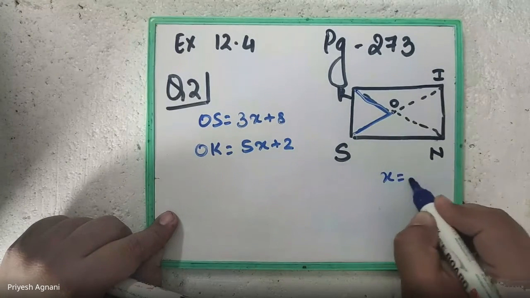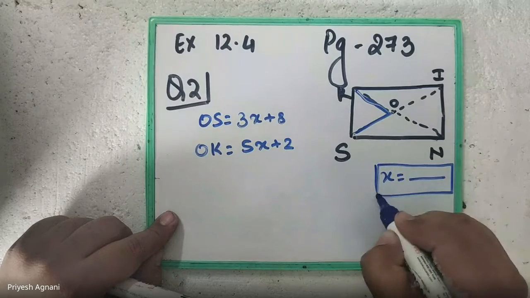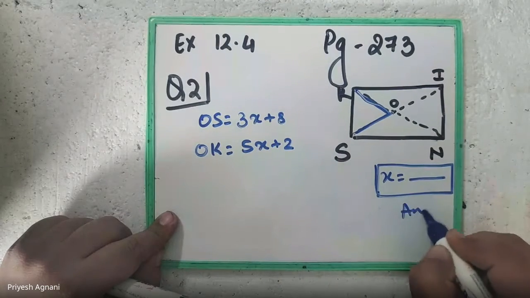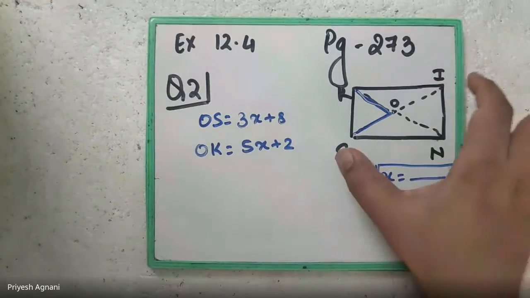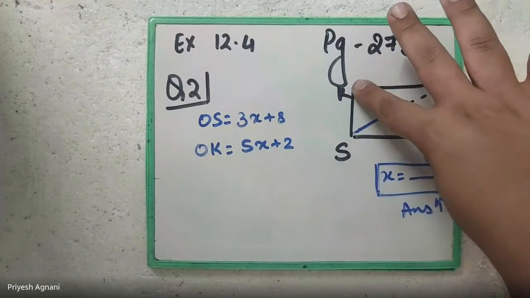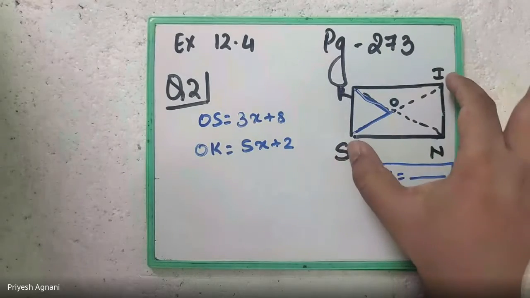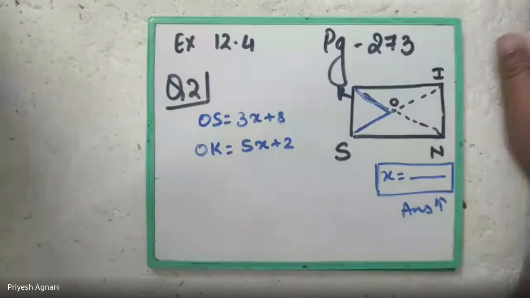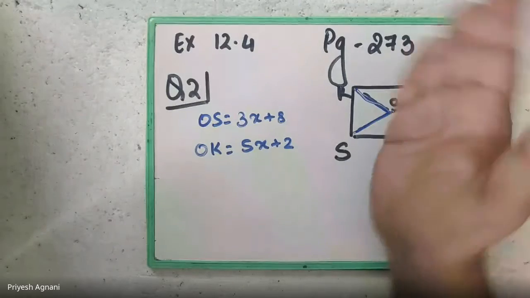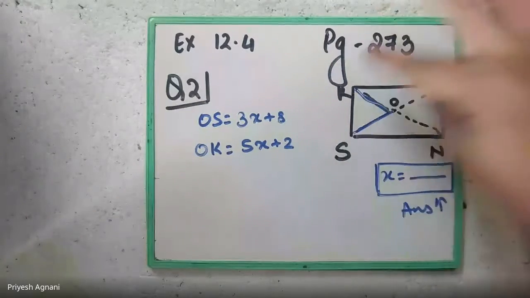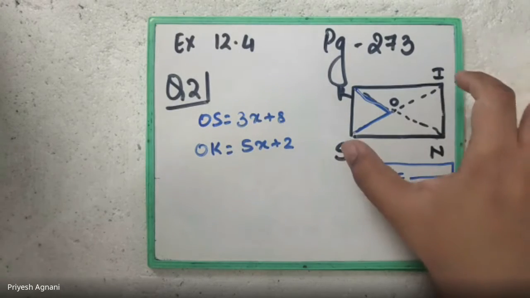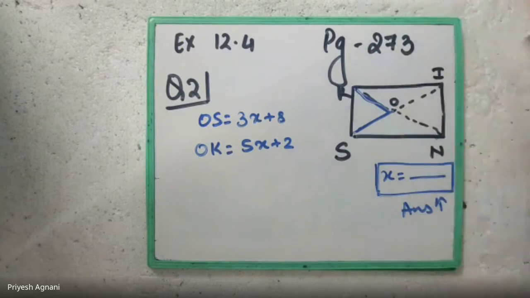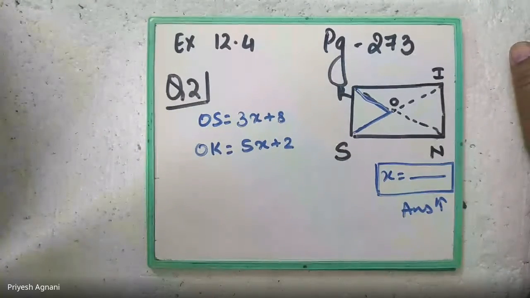x की वैल्यू हमें फाइंड करके लिखनी है। ये आपका होगा आंसर, ठीक है। Now what we are supposed to do, हमें पता है ये दोनों डायगोनल्स इक्वल हैं। We know that this and this diagonals are equal, उसका आधा आधा हम लेंगे तो this is equal to this. One more time I repeat, this diagonal is equal to this diagonal because we know that both the diagonals are equal.